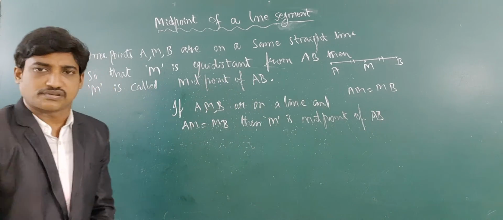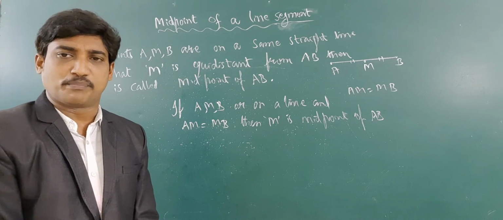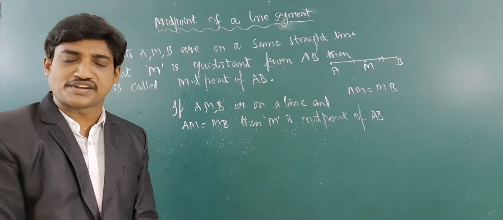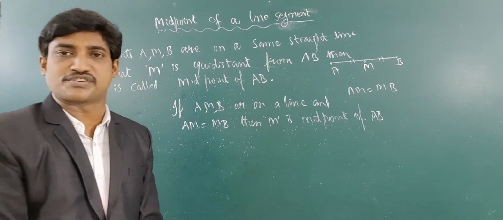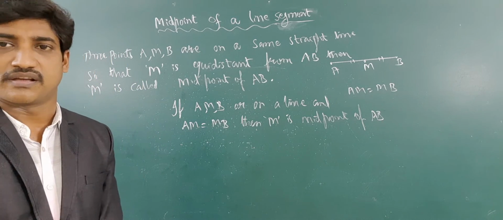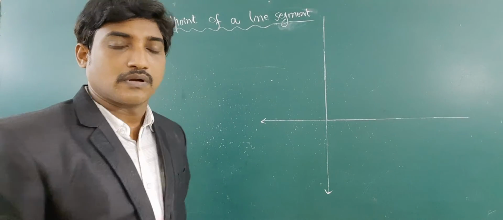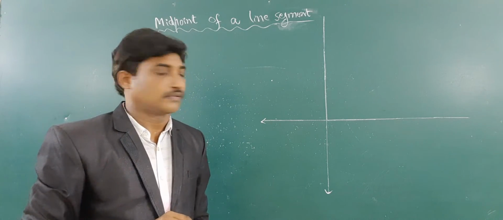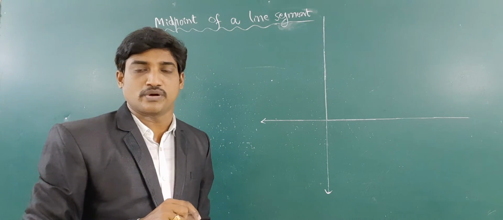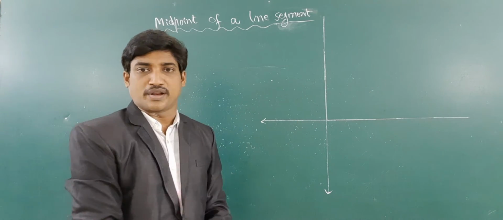Let us now get the formula for the midpoint of the given line segment, if the end points of the line segment are given as coordinates. To prove the midpoint formula as (x1 plus x2) by 2 and (y1 plus y2) by 2, I am taking a coordinate plane.